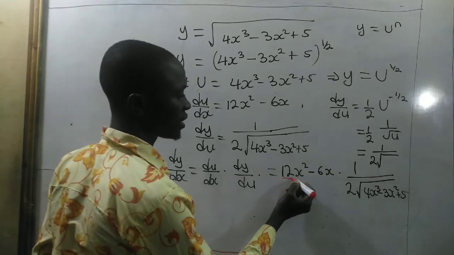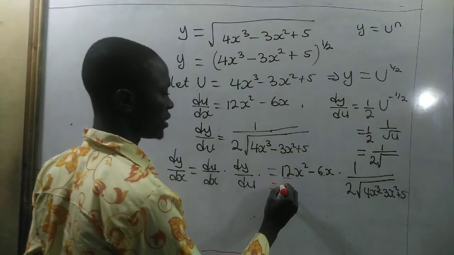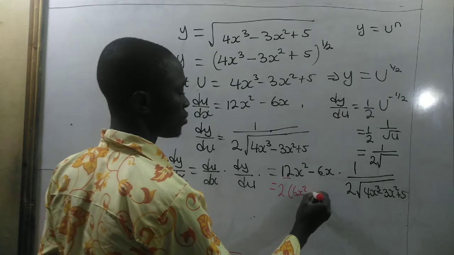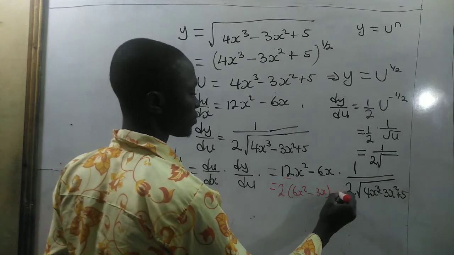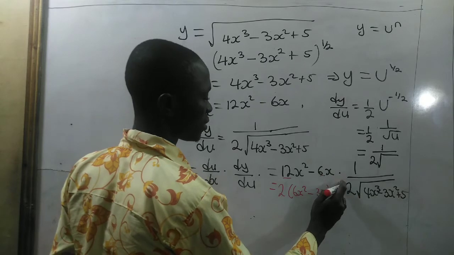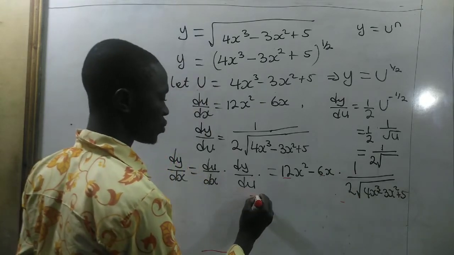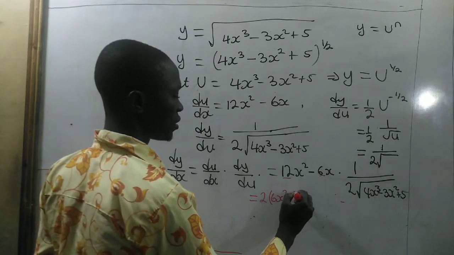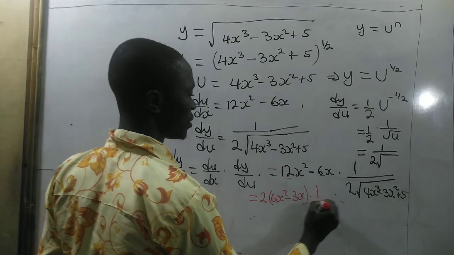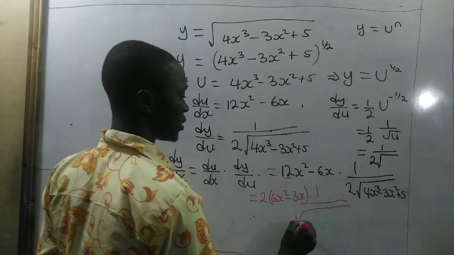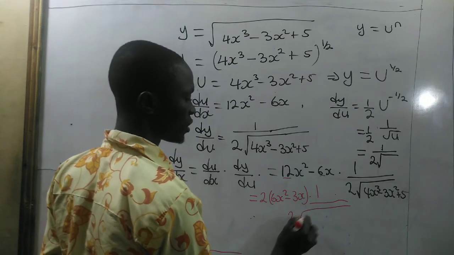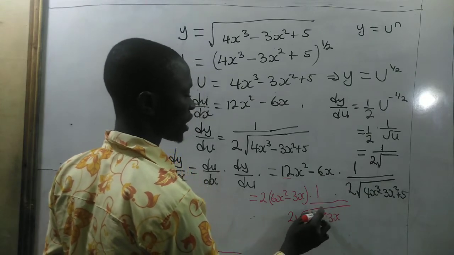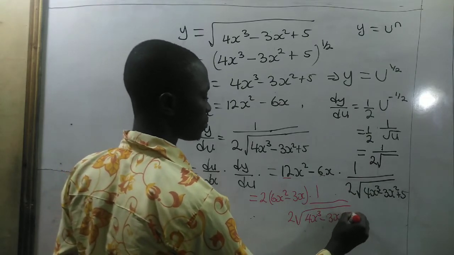Here we can factorize 2 out here. So this is the same as 2 times 6x squared minus 3x times 1 divided by 2 times the square root of 4x cubed minus 3x squared plus 5.